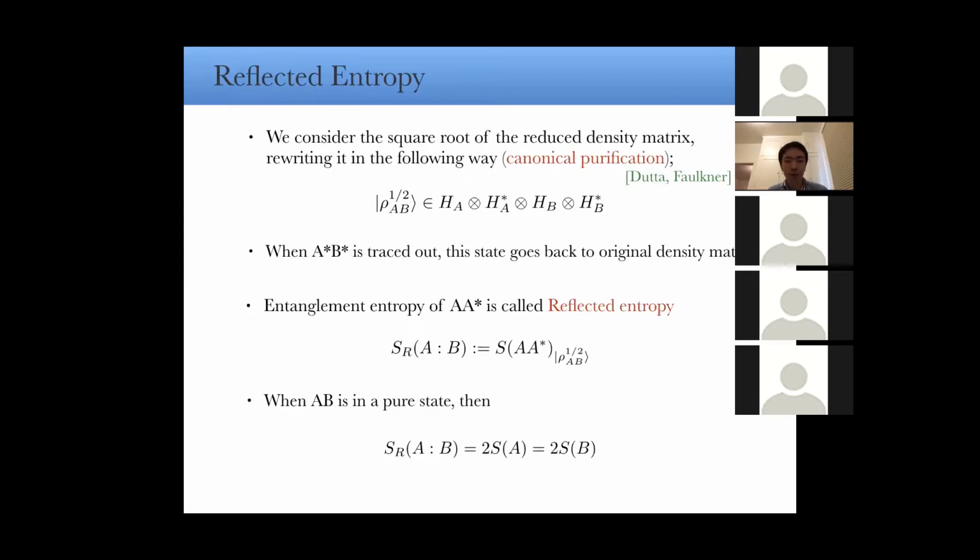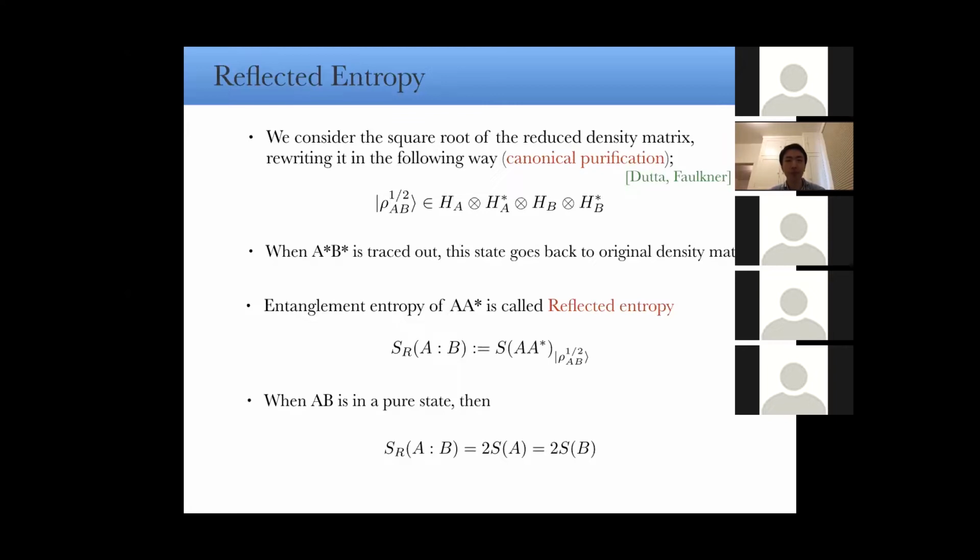We consider this state living on the tensor product of the Hilbert space and the dual Hilbert space. Why is this the canonical purification? If you trace out H_A star and H_B star in this state, then the state goes back to the original density matrix. So this state is a purification of the original density matrix.